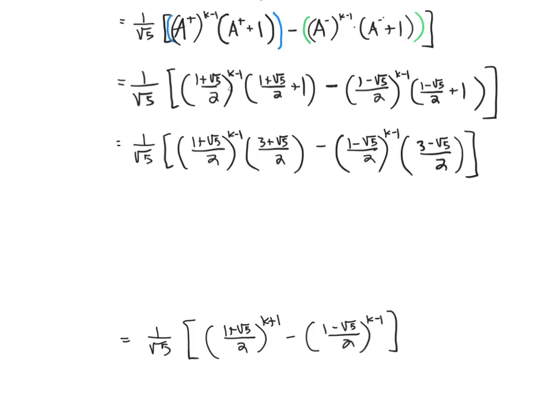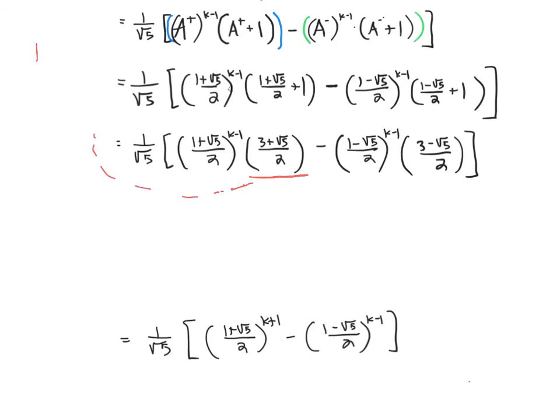That's what we want to show. And it might be kind of hard to see that this expression actually equals this, or how to go about this. But remember, we know where we want to go. So let's use a little bit of thought here. So we have k minus 1, 1 plus root 5 over 2's. We need 2 more. And those 2 more have to come from here. So if we can show that, let me just do this here.